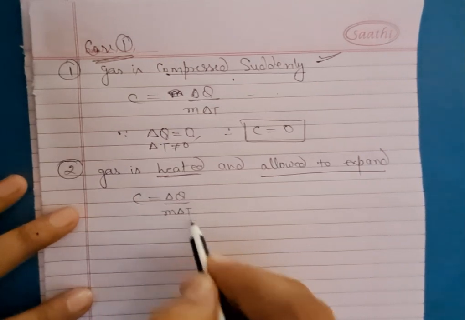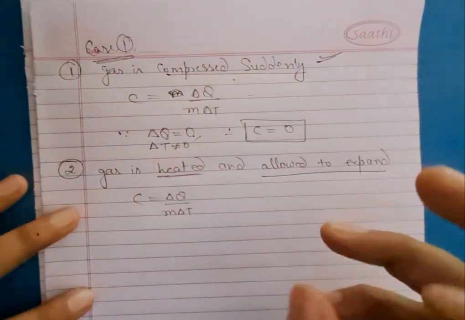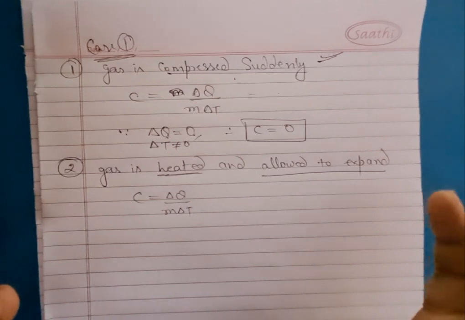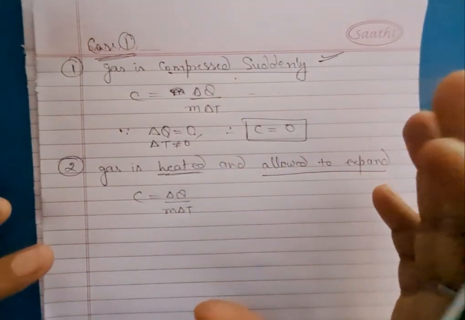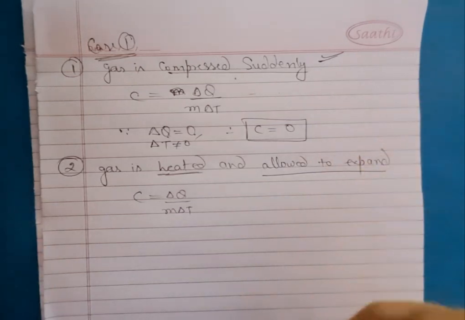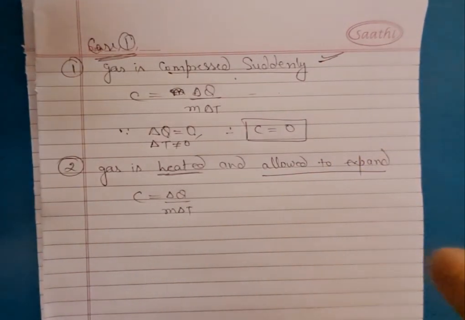When the gas is heated, overall expansion takes place, and due to this expansion the temperature again becomes the same, since during expansion a loss of heat energy takes place.